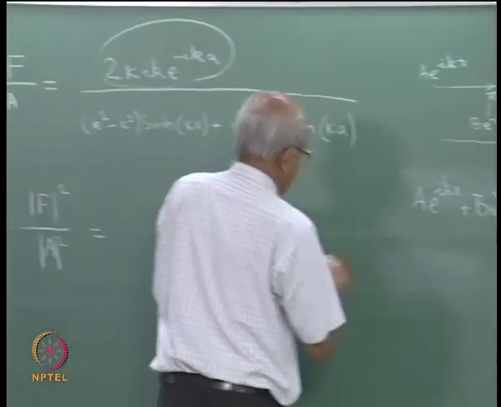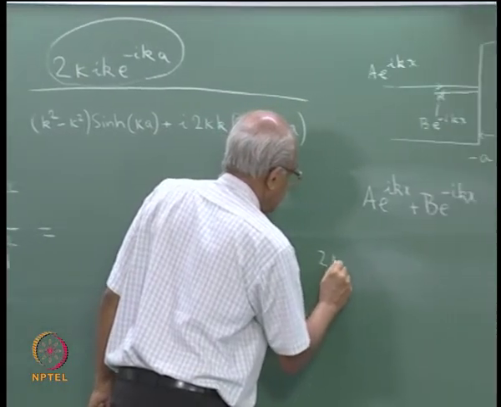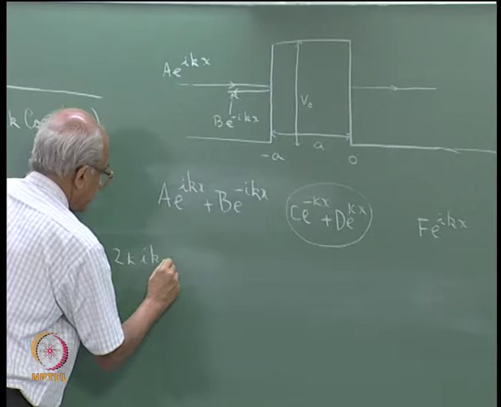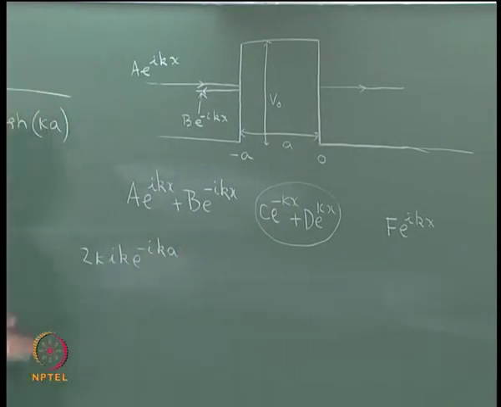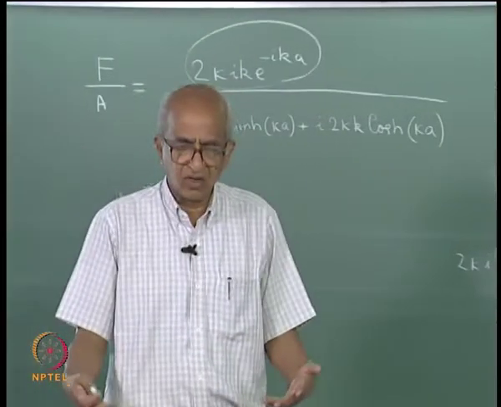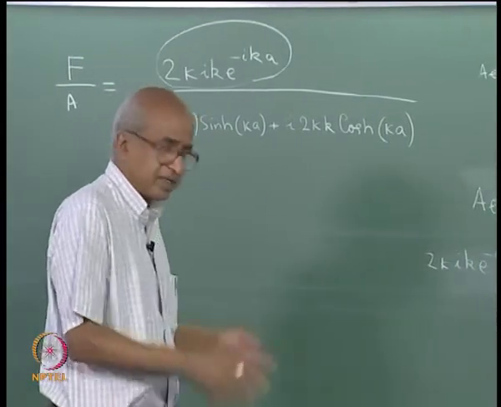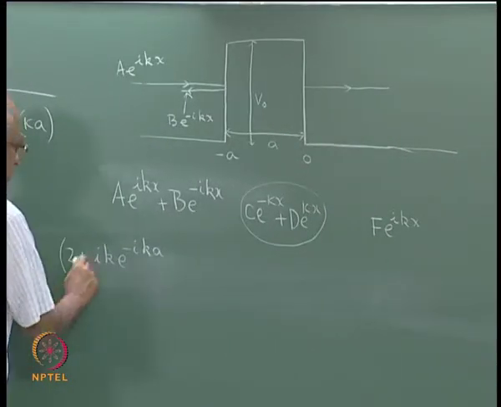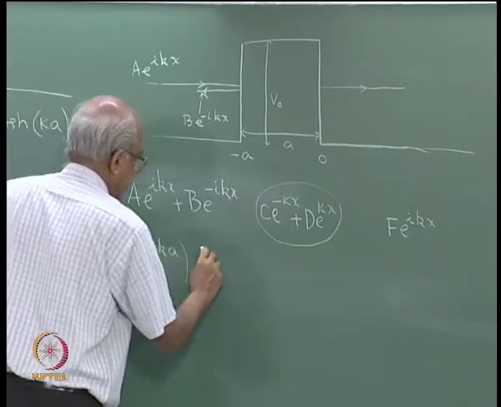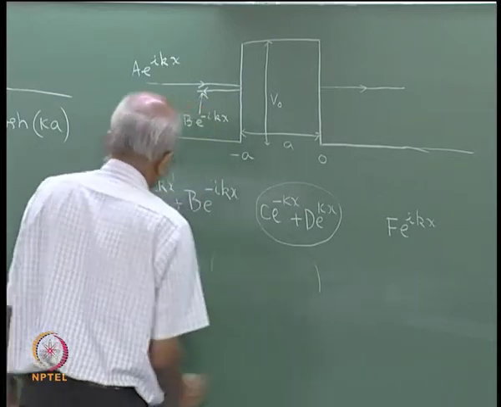So you have 2 kappa i k e to the power of minus ika. So this is a complex number, and if you had any complex number, how will you calculate its magnitude square? All that you need to do is take the number and multiply it by its own complex conjugate.